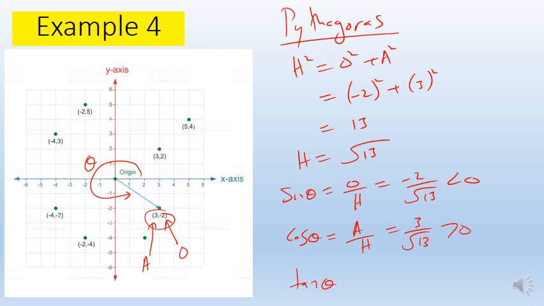And look, there's no thinking here. SOHCAHTOA. Opposite side was minus 2, adjacent 3. And as expected, tan theta in the fourth quadrant is negative. And we're all excited. Up to this point, I think there's no great mystery in applying these trig ratios.